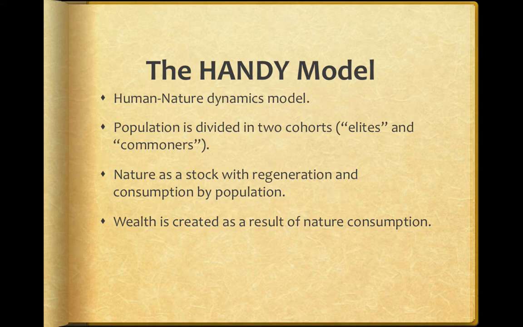Then there's an additional stock that we call wealth, which is created as a result of consumption of nature. Once created, this wealth is also consumed by population. So this model has four stocks: two cohorts of population, nature, and wealth. Then there are interactions, and we'll see a diagram of that.